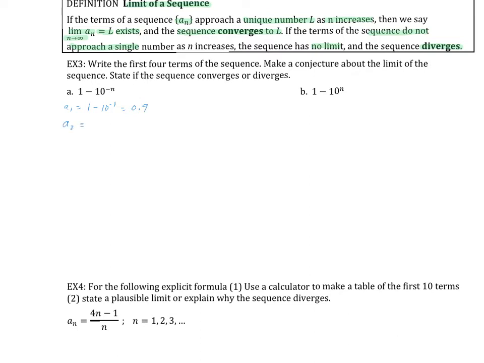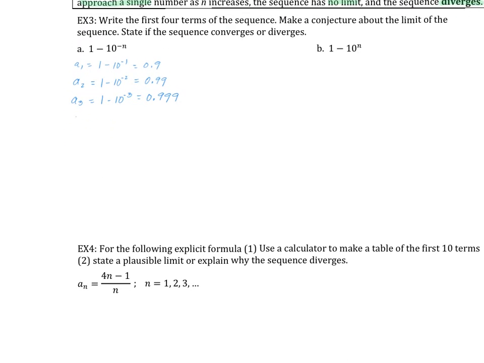A sub 2, 1 minus 10 to the negative 2, which is 0.99. A sub 3, 1 minus 10 to the negative 3, 0.999, and already I can see what the pattern is.